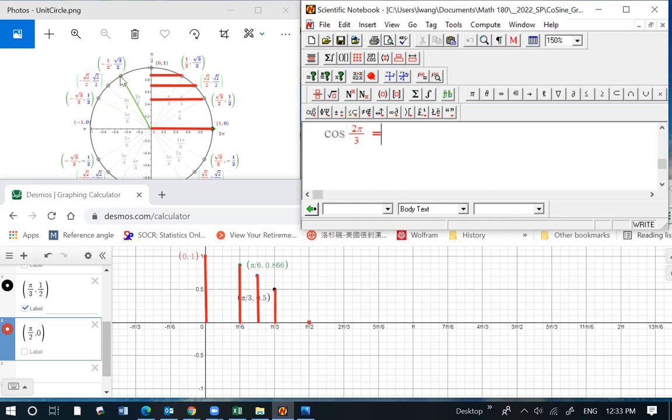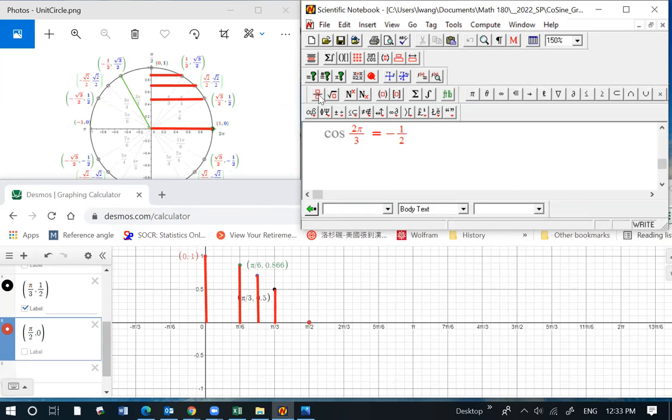And you pick a point on the terminal side of the angle other than the origin, and the cosine value is the x value of the point on the terminal side divided by r, all right? The r now is 1, so therefore in this case, it's going to be -½.